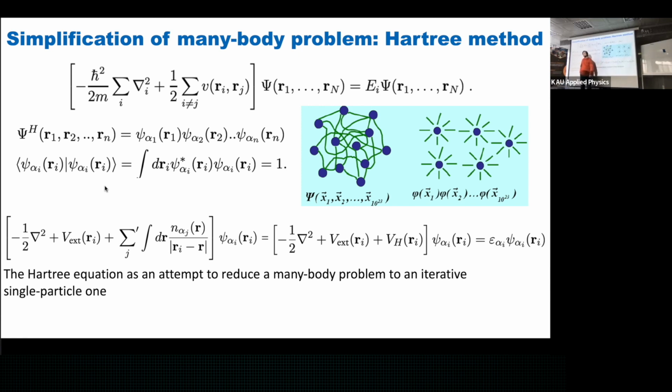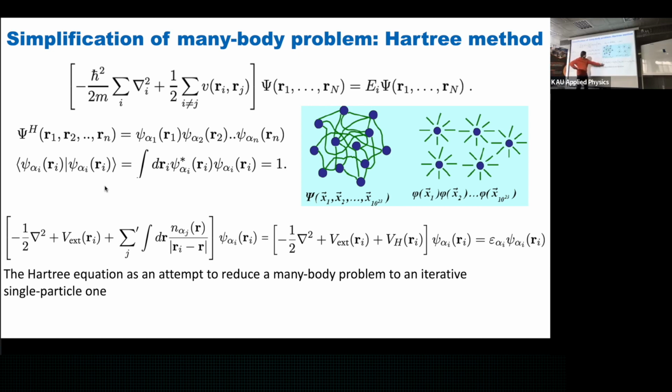term. What is the Hartree term? I think you already know what it is. The Hartree term is the interaction between an electron and some mean field of all other electrons. So we can say it's the interaction between an electron and all other electrons.